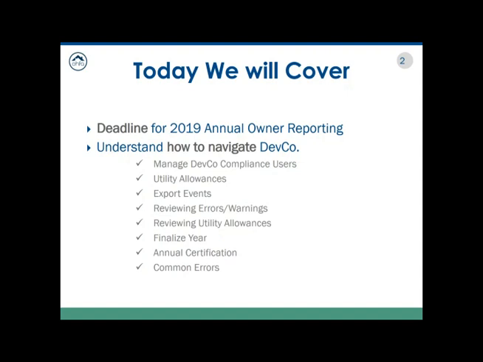Owners should ensure any property changes that have occurred during the 2019 calendar year be entered into DevCo Online. New projects or those in lease-up phase must submit an annual owner certification and tenant data if one or more residents were income qualified during the 2019 calendar year.